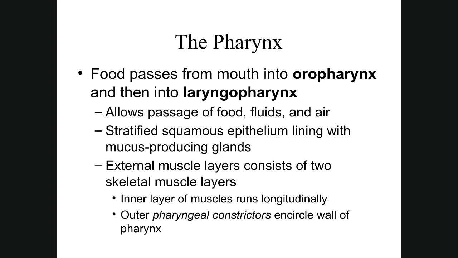The external muscle layer consists of skeletal muscle layers, longitudinal, the inner one, and the outer one is the one that circles the wall of the pharynx. We call it the pharyngeal constrictors.